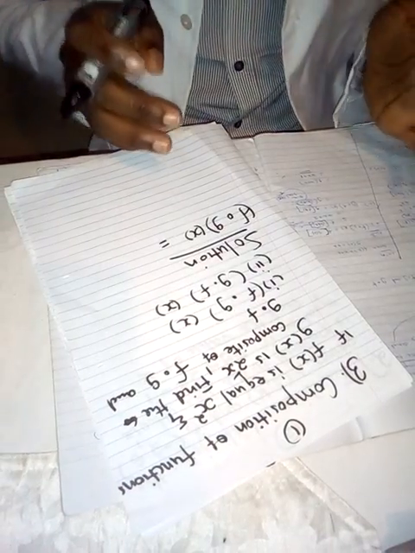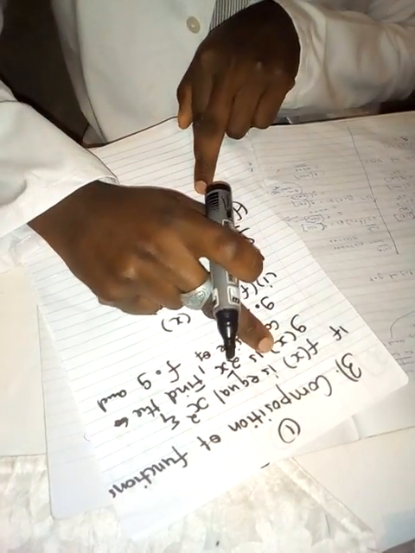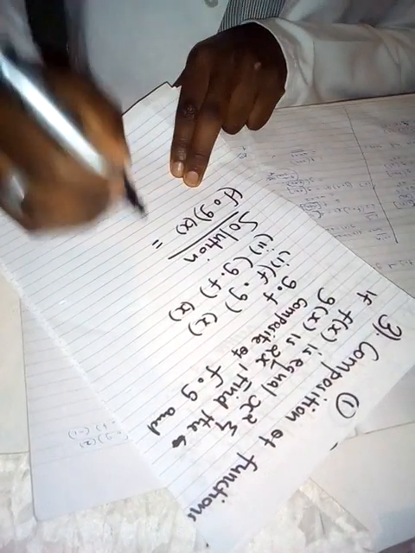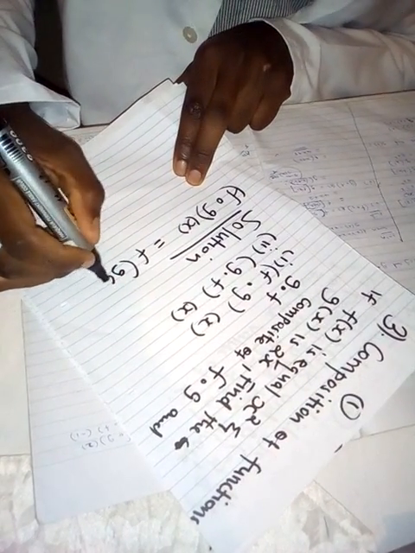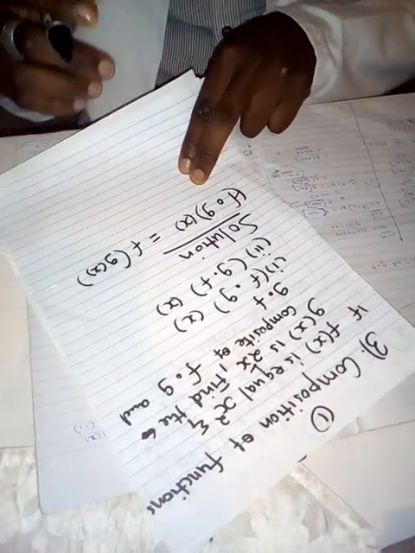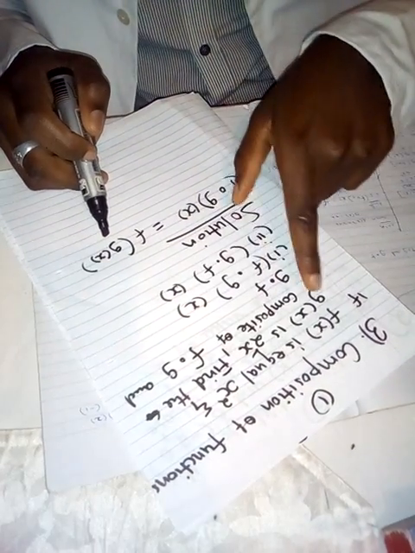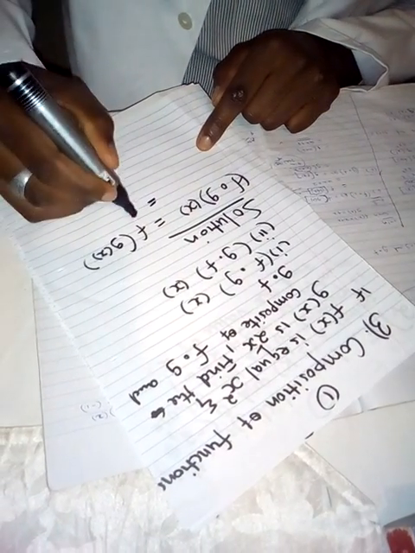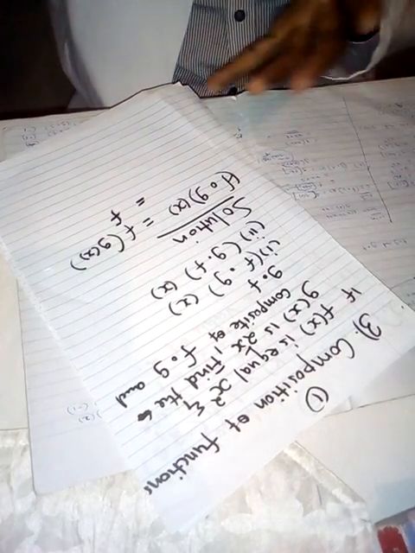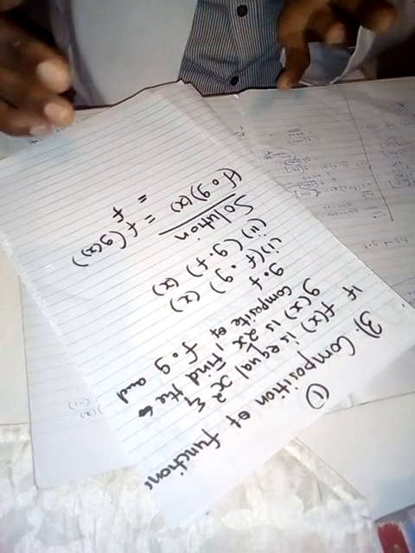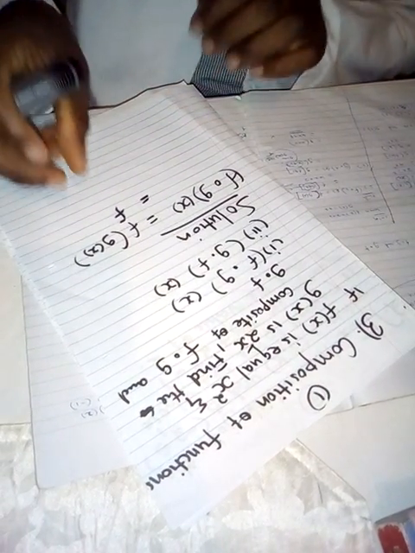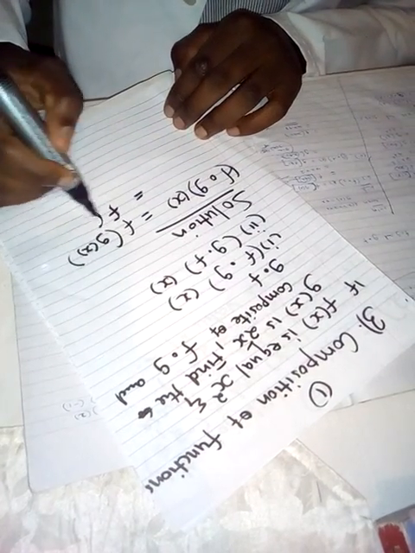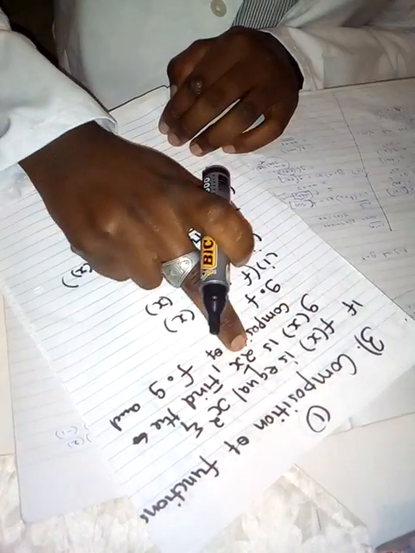Then you are told that f of x is equal to x squared. So the solution is f of g of x, and g of x is 2x. Then you go down there and break down the sum into steps. Let's do the brackets, and inside there g of x is 2x.